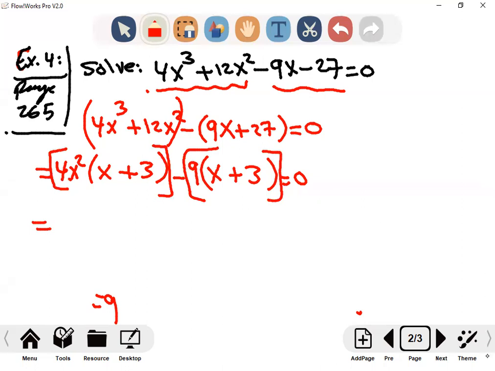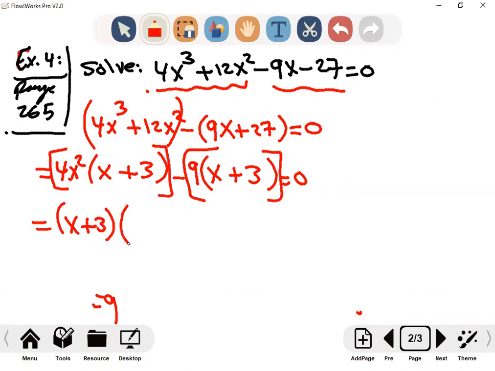What is it? Leave the negative in the middle. Now what is the GCF here or the factor which is so clear for you? It's the parentheses, right? So I will take x plus 3 as the GCF, right?